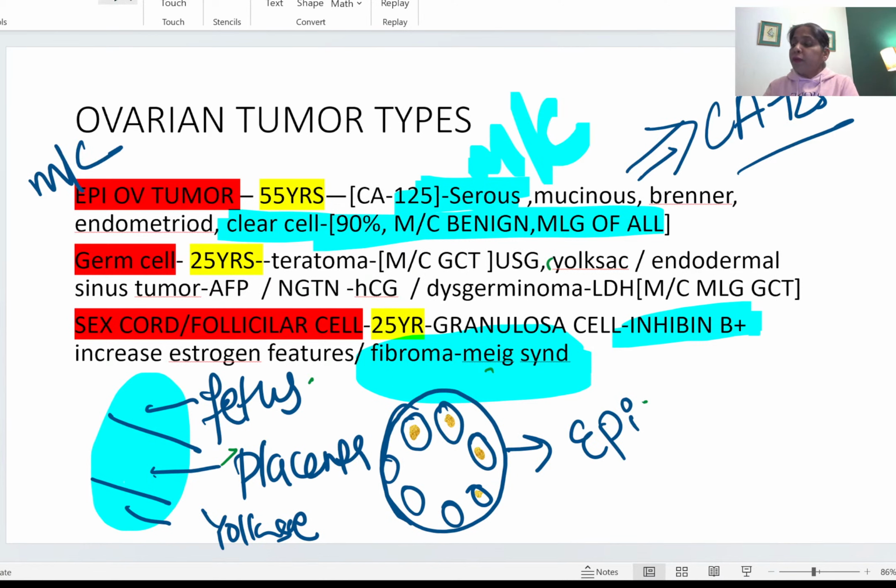Because if the tumor were malignant, the patient would have died very soon. Small malignancy can make the worst prognosis. So if the tumor is large enough to cause ascites, it means the tumor is benign. So what is Meigs syndrome? Meigs syndrome means benign fibroma of ovary plus ascites plus pleural effusion.